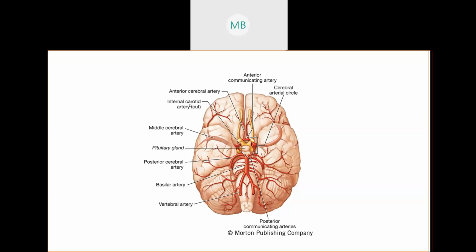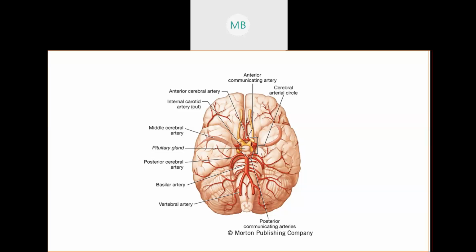They are called your anterior, because remember, this is the front of the face, the anterior cerebral arteries. So from this middle junction here, you have the anterior cerebral artery going to the left hemisphere and the anterior cerebral artery going to the right hemisphere.